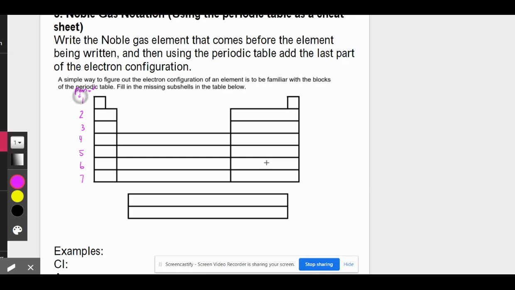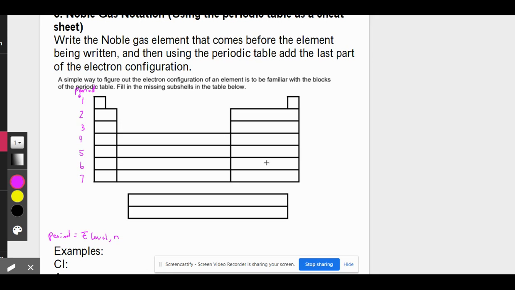Going down tells us the energy level. Let's write it over here. Period equals energy level, which we denote with a lowercase n for energy level. So this would be energy level 1, right? Energy level 2 and 3 and so on.